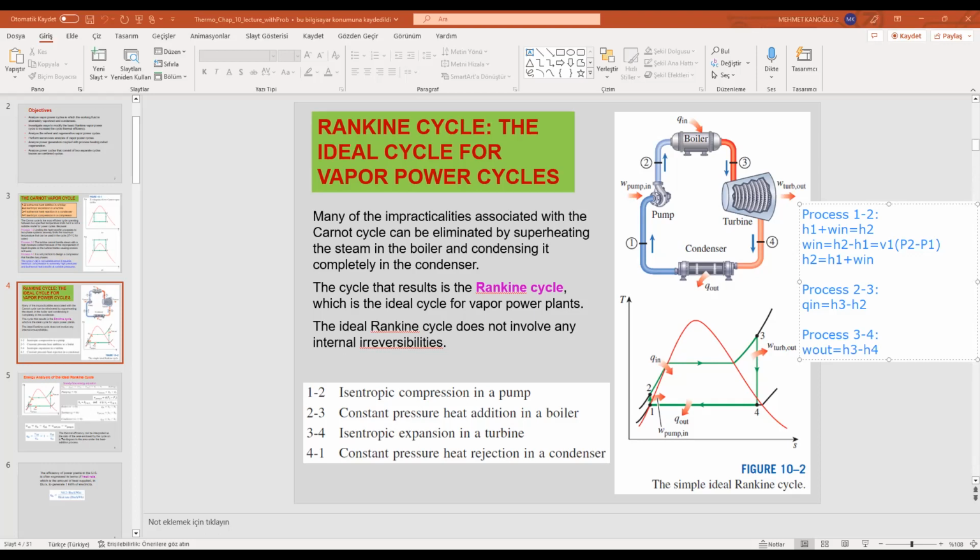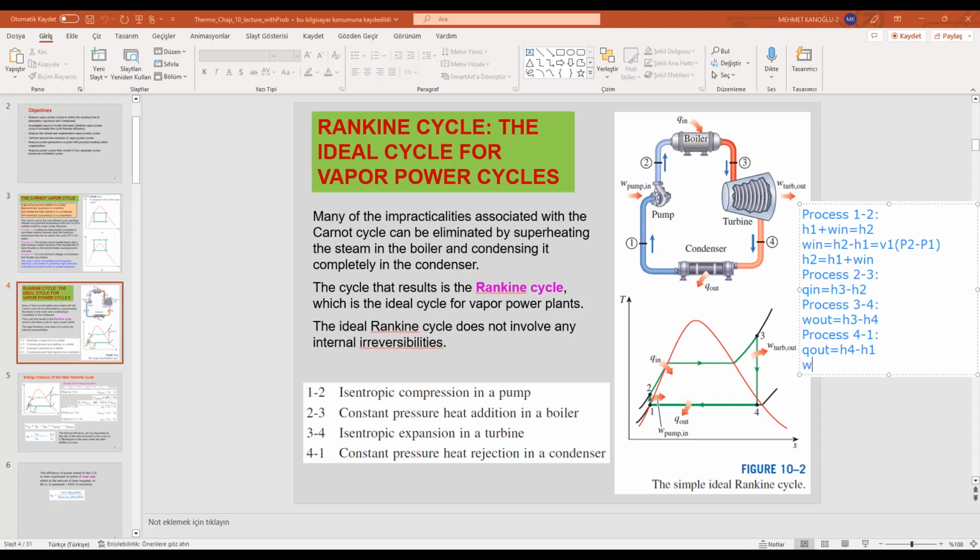And then finally, for process 4, 1, the Q out, the heat rejection, is equal to H4 minus H1. Now, we have all these relations to determine work input, work output, heat input, and heat output.